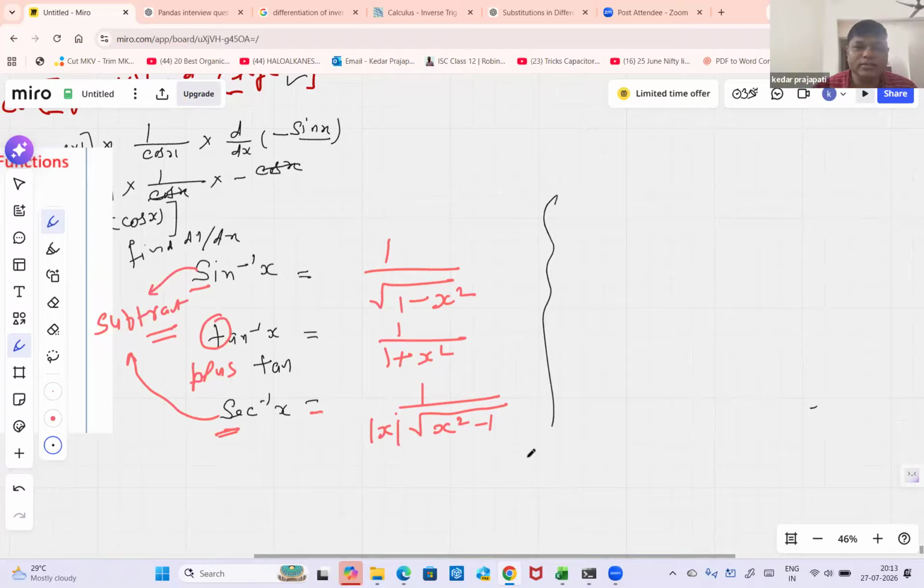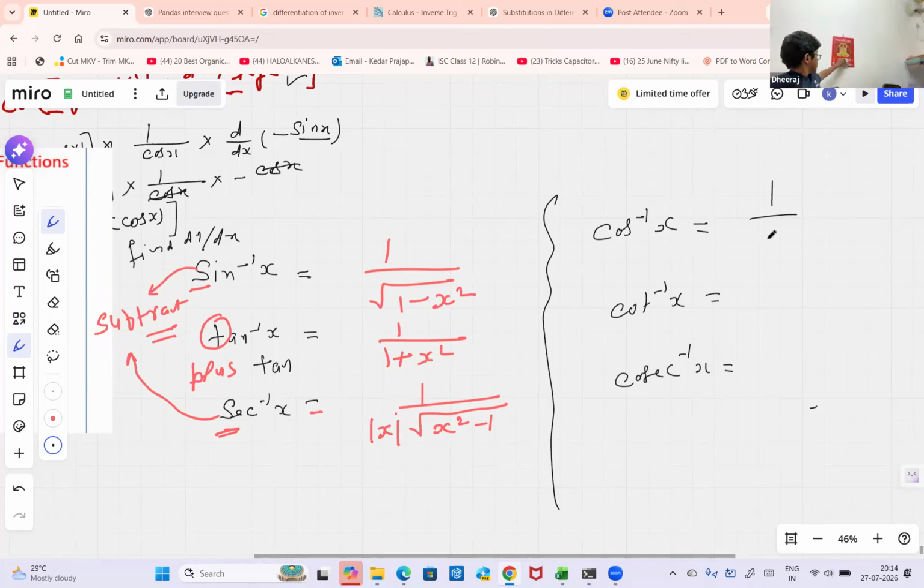Then just for cos, cot, and cosec, you will write minus here. Cos inverse x, cot inverse x, and cosecant inverse x. No need to mug up.